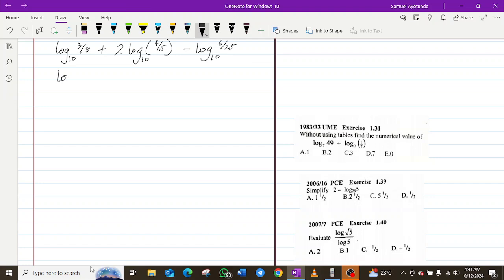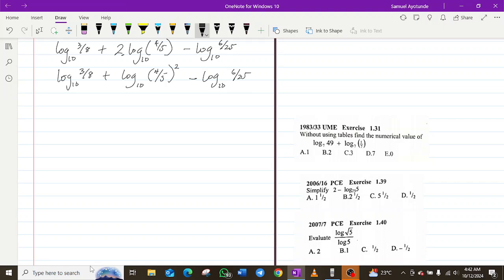We have log 3 over 8 base 10. Then we take 2 to the power. Then we have plus log base 10, where the 2 will become the power of the argument, that is of 4 over 5, minus log 6 over 25 base 10.